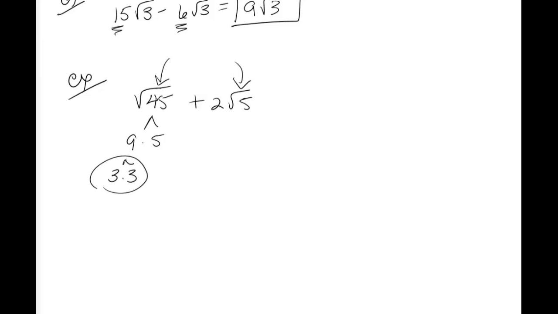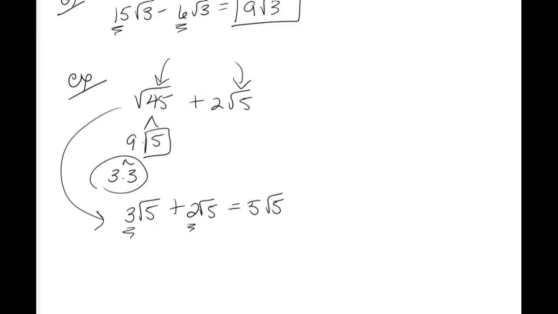So there's my pair. I can pull that 3 out and leave that 5 underneath. Remember, he doesn't have a partner. And now the square root of 45 is rewritten as 3 square roots of 5 plus 2 square roots of 5. Now I can perform the addition here, leaving that square root the same.